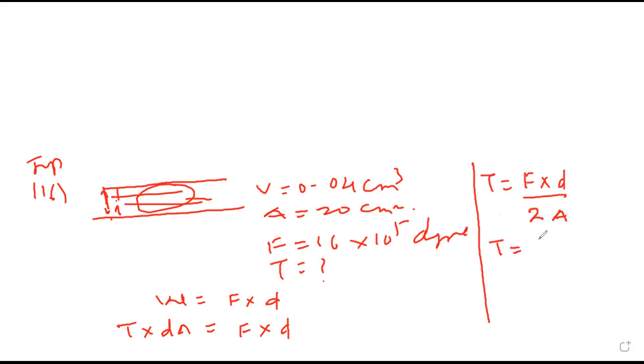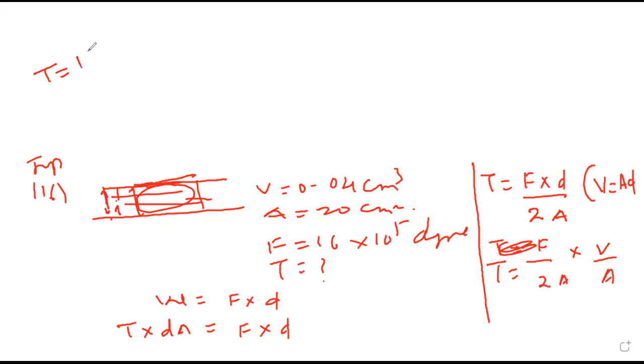We don't know the distance, but if it is spreading in the form of a layer, then area into distance will become volume. So volume is area into thickness D, so D I can write as V upon A. So T equals F upon 2 and D is V upon A.